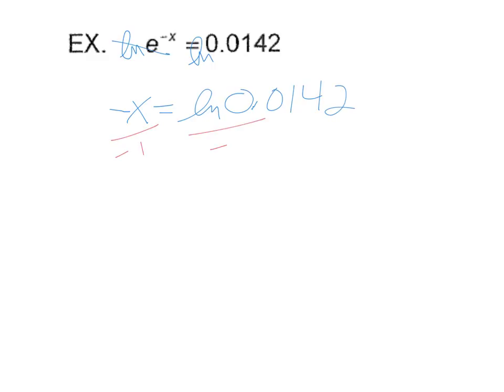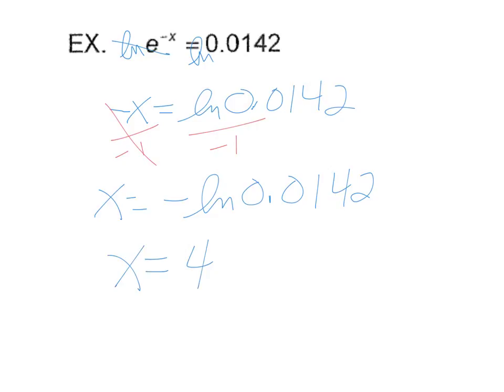Divide both sides by negative 1. So x is negative natural log 0.0142. Then that goes in your calculator, to 4 places, 4.2545.